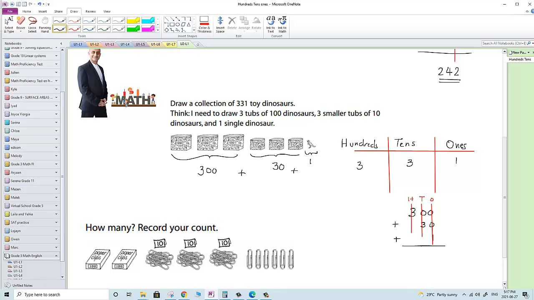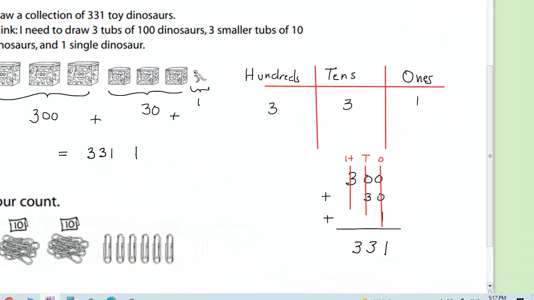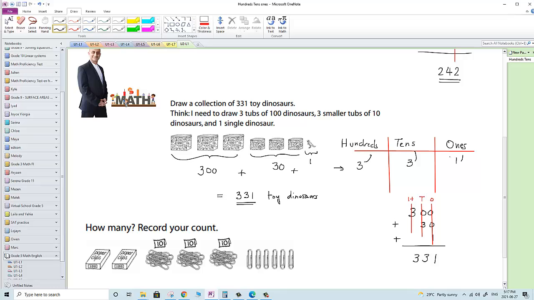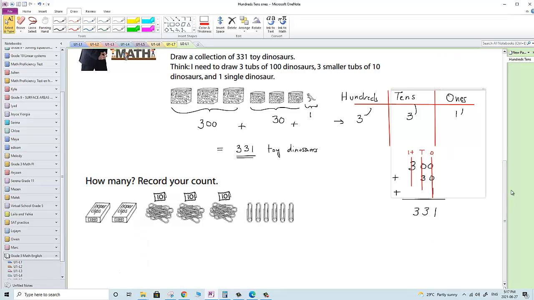So when I add now, I'm saying 0 plus 0 plus 1 equals 1, 3 plus 0 equals 3, 3 plus nothing equals 3. That means the total is 331 toy dinosaurs. This is how to write it. And actually this number 331, you can read it from the table. 331. But this way I can read it.